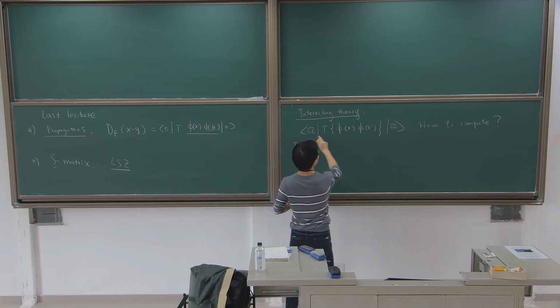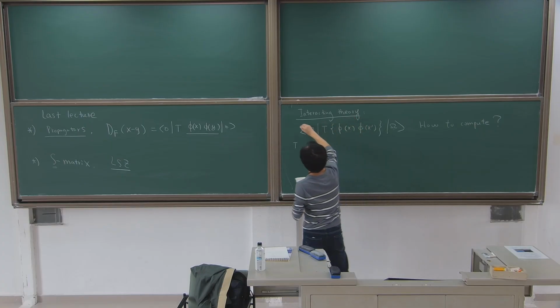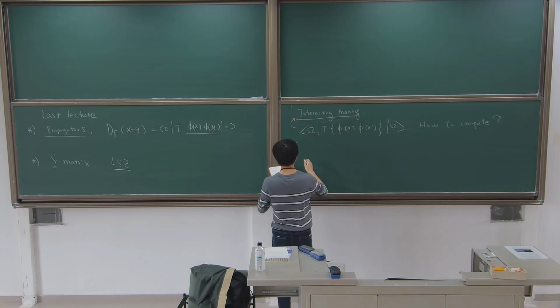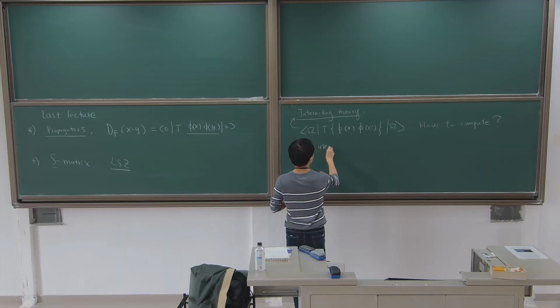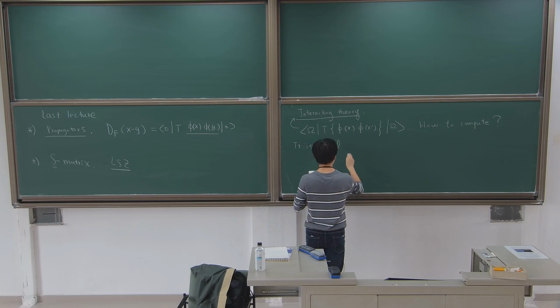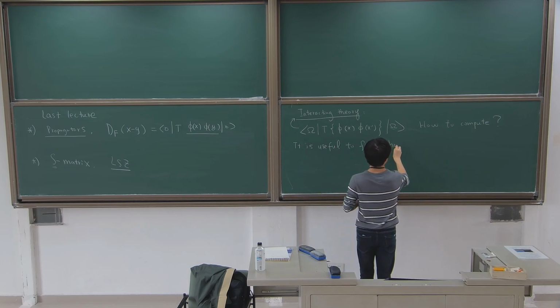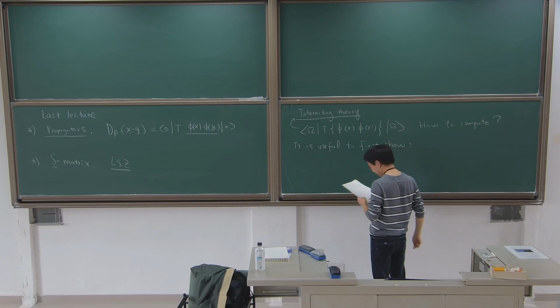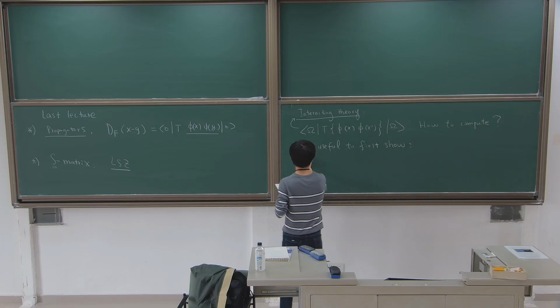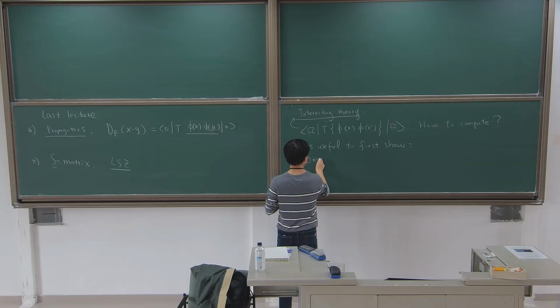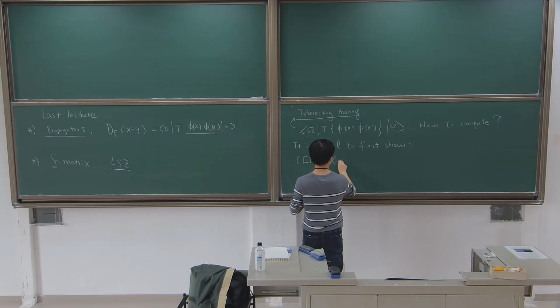So in order to compute this for an interacting theory, it's useful to first show the following relation. The relation is a little bit complicated in form, but it can be easily used.